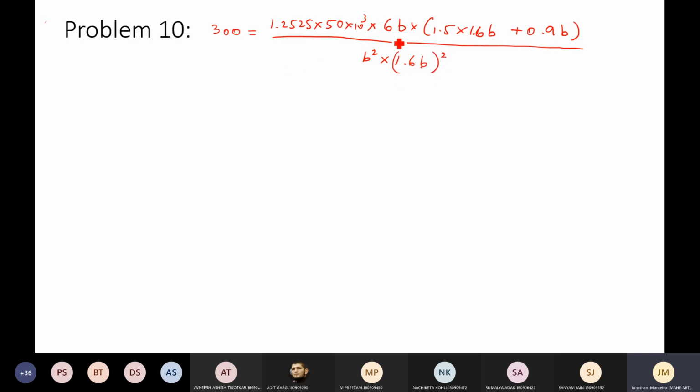So what we are doing is writing everything in terms of B and extracting B, which is the only unknown here. You will get a square root here, and after solving you should get some value in mm. Just solve that.